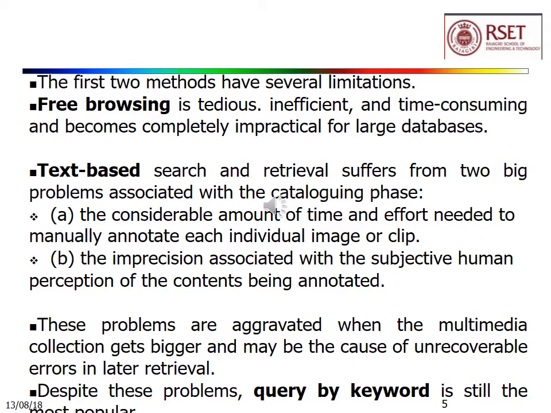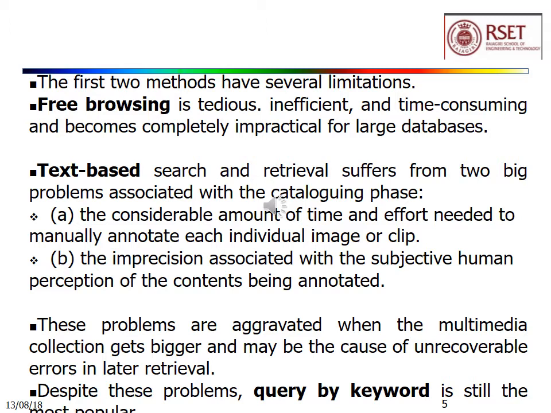Suppose we consider a boy along with a dog. This particular image can be saved with different text descriptions. Sometimes confusion may arise. In order to avoid this problem, we are going for content-based image retrieval.